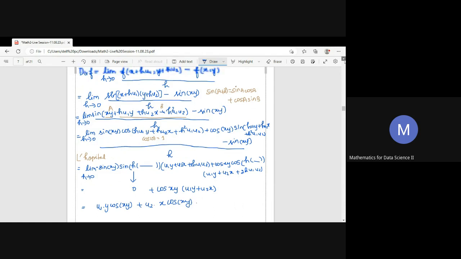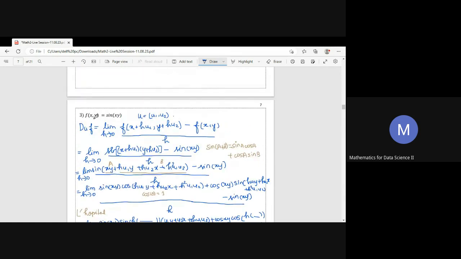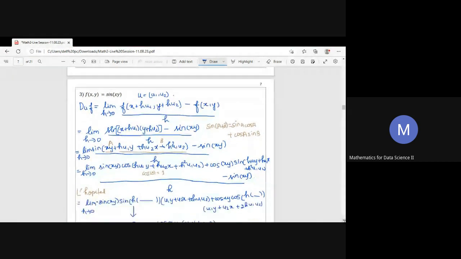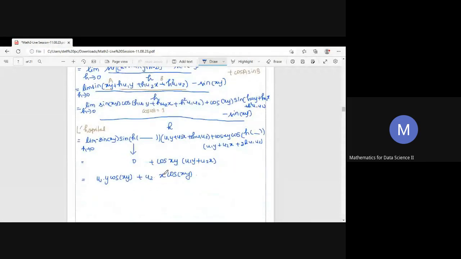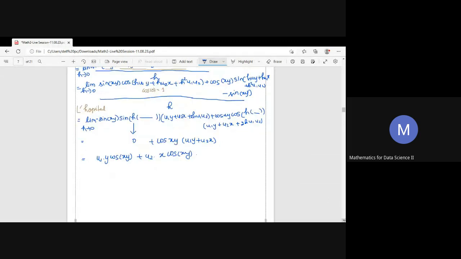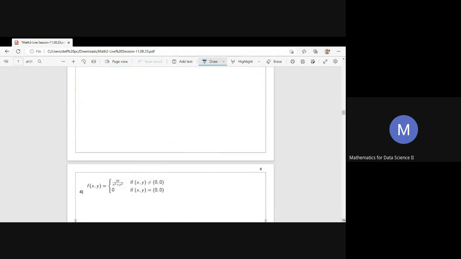This is the directional derivative of the function f of x comma y equals sin xy. If you are given specific values for this vector, you can just plug in u1 and u2 and you will get the answer. Fine. Up to this, is this clear for everyone? Finding the directional derivative using the formula.